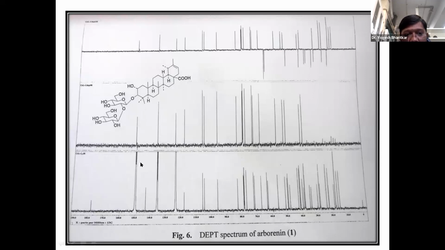Quaternary carbons are absent in the DEPT spectra, so the carbonyl carbon is not present here. These signals are not present in the two spectra, and this signal is present in CH. Likewise, we classify the carbons as CH2, CH, CH3 based on the DEPT spectra.